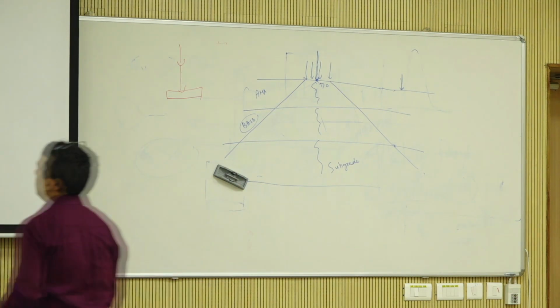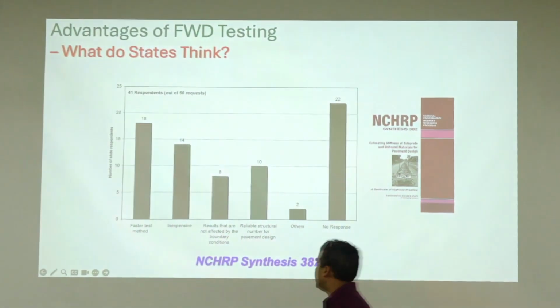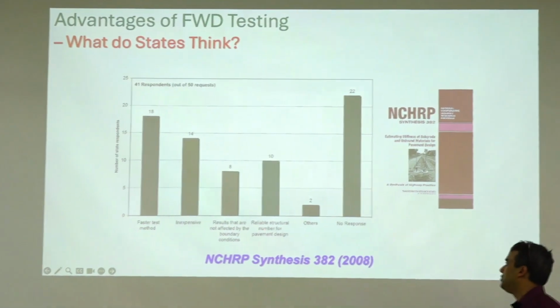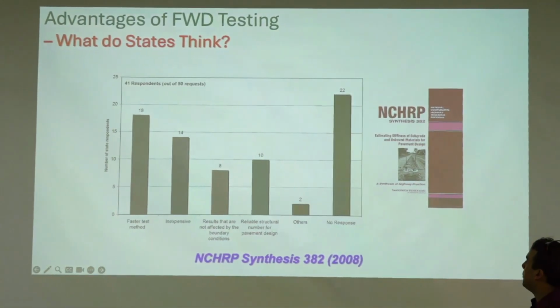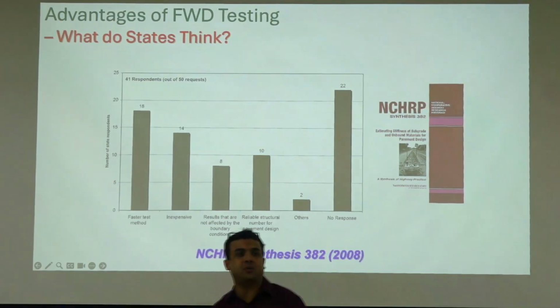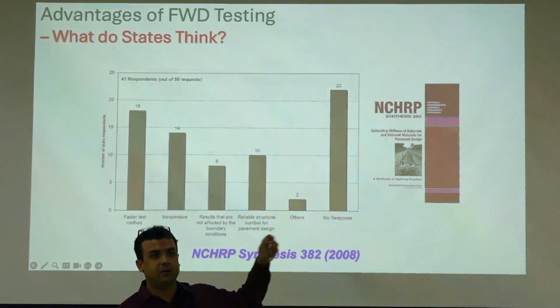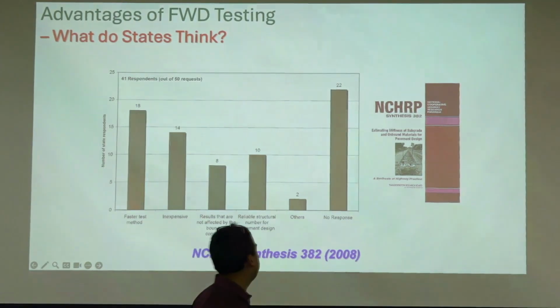So that's FWD. What are the FWD advantages? It's fast, it's inexpensive, results are not affected by boundary conditions, reliable structural number. For pavement design, actually for pavement rehabilitation design, even AASHTO 1993 has a complete method for using FWD to calculate remaining structural life and stuff like that.